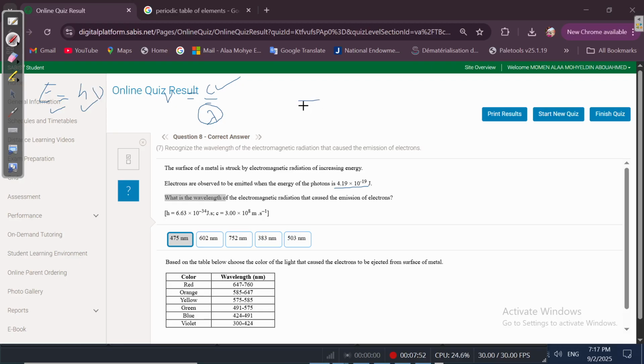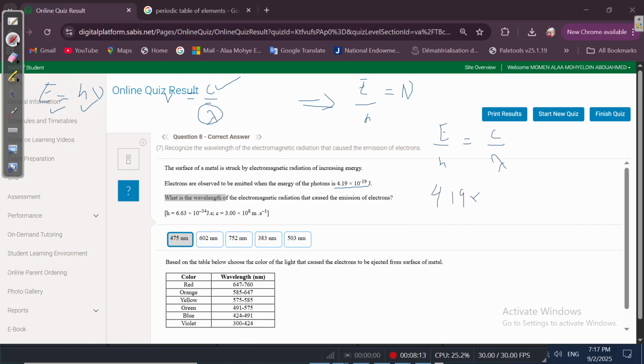I can say for the first equation that E over H equals V. Then I substitute it into this equation, saying E over H equals C over lambda. Cross multiply, since I'm trying to find lambda.